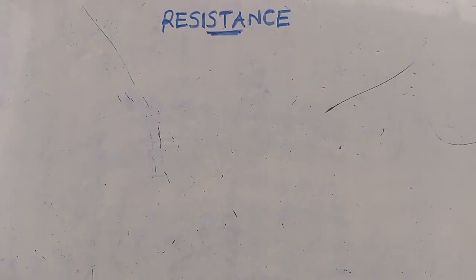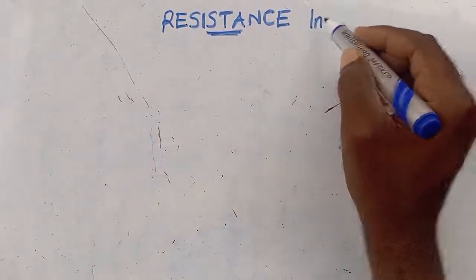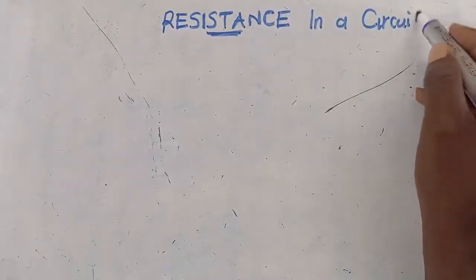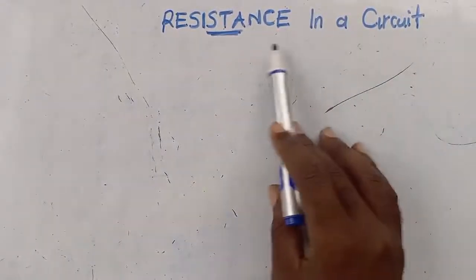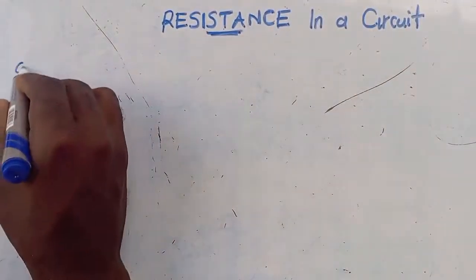Whenever we are talking about resistance, this is resistance in a what? In a circuit. So even our definition will be based on this, because it is in a circuit. How do we define resistance in a circuit? This is just the opposition.